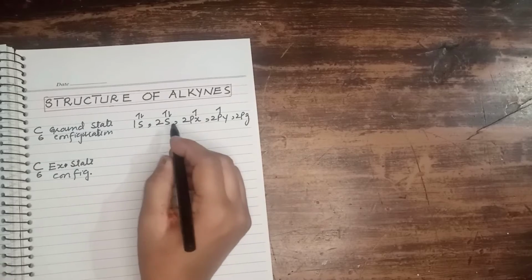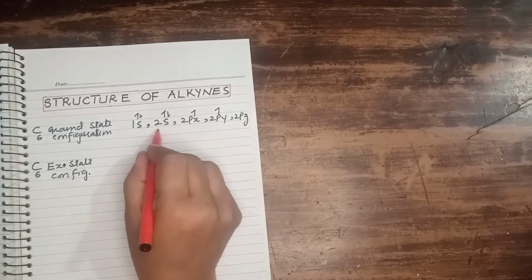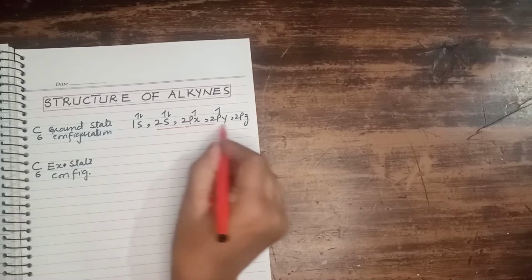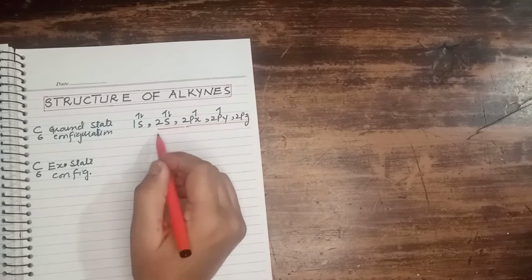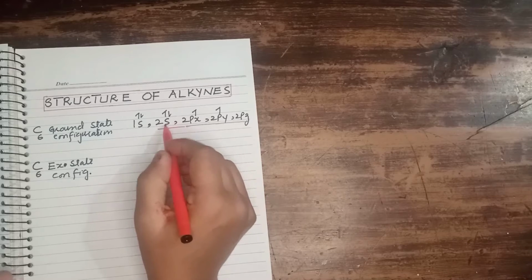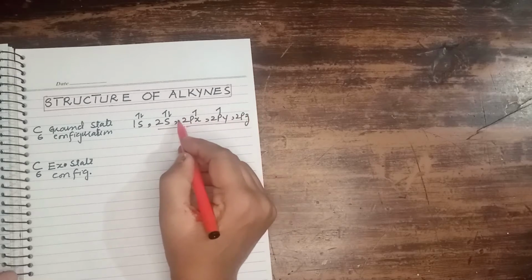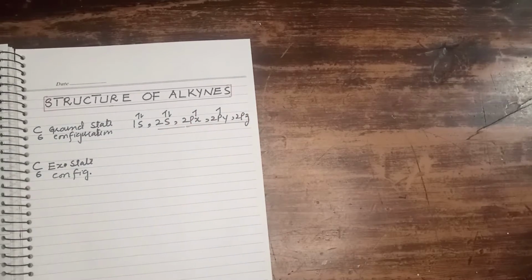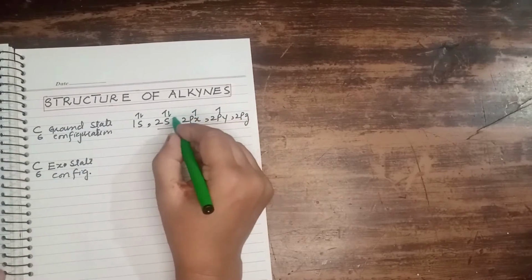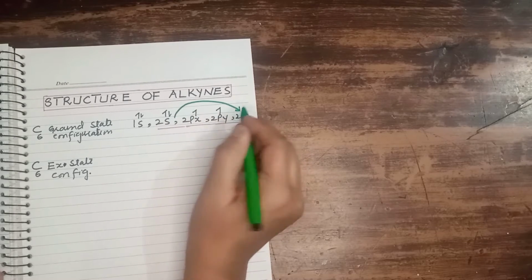This is the valence shell of carbon, right? The second shell is the valence shell. Now when an electron absorbs energy, it starts jumping from the 2s orbital to the empty 2pz orbital, right students?